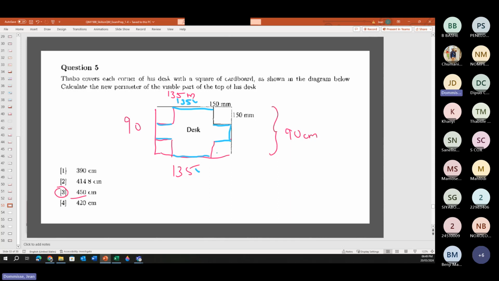That, plus that, plus that, so you see it's exactly the same as the 90 perimeter. Again, that plus that plus that also makes it the full 90. So 90 plus 90 is 180. 135 plus 135 is 270.